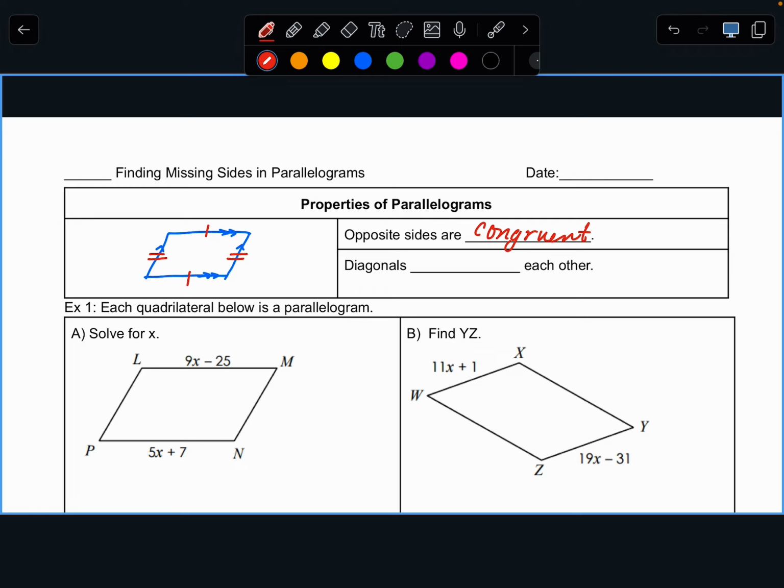We also have the idea that diagonals, the ones that go from opposite corner to opposite corner, bisect each other. And so that means that this one and this one are equal, and the other one is equal.